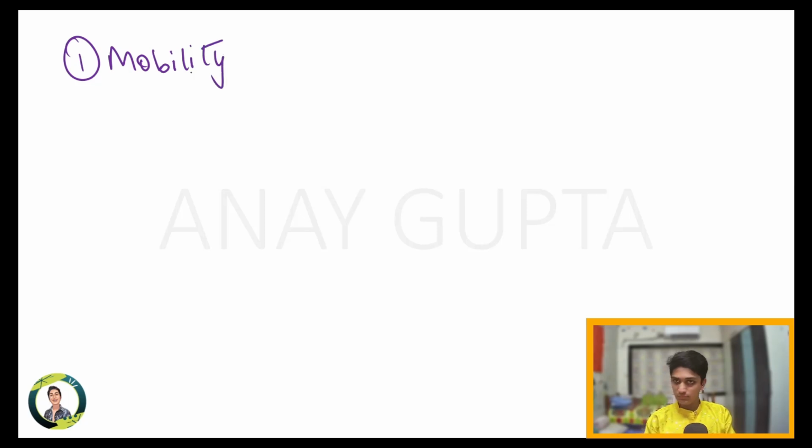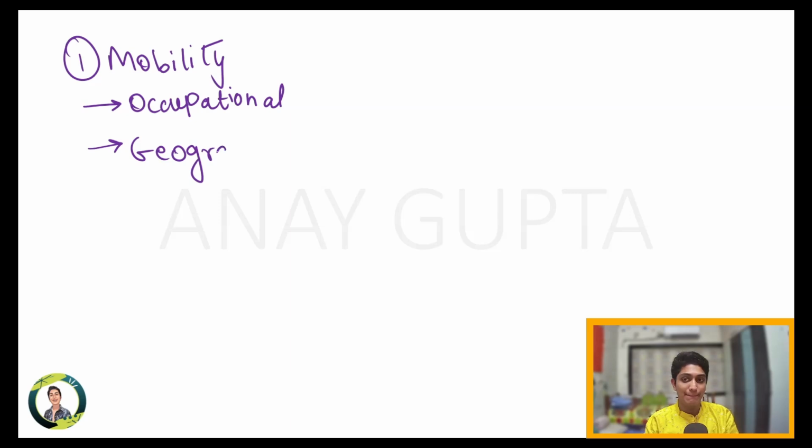Okay, we're going to discuss a few things about each factor of production in detail. First up is mobility. Okay, and under mobility we have two types: occupational, which means can the factor of production be used in another occupation or to produce a different product or service. Okay, so that is what occupational mobility means. And geographical mobility.